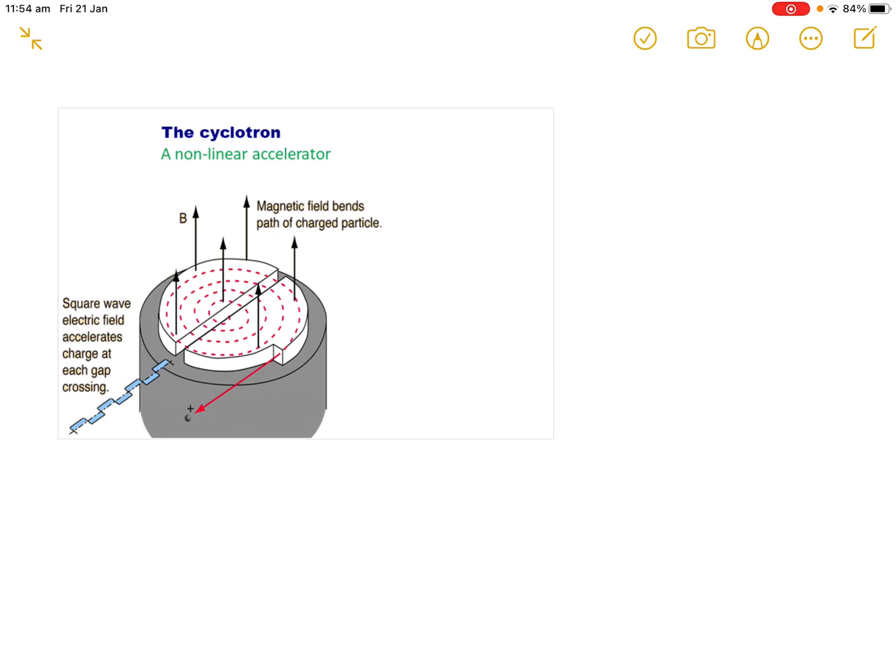So there's an electric field in between the two Ds. Now, like any charged particle moving between positive, negative plates, it's going to speed up and gain kinetic energy. So it arrives at the right-hand D going a bit faster than it did when it left the left-hand D.